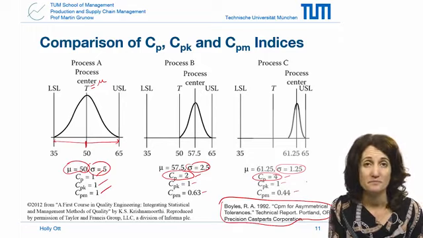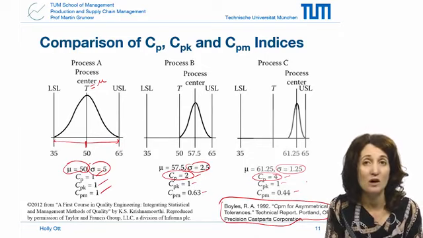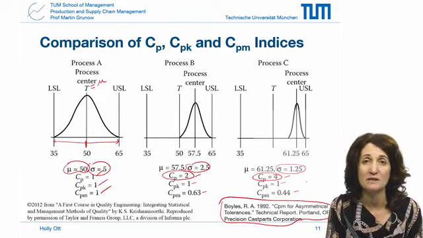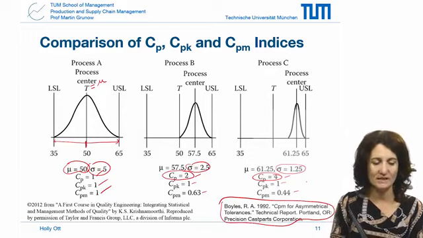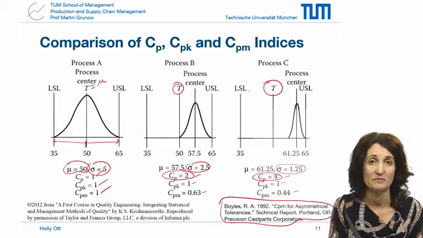Now, the value of CPM is smaller than CPK in both processes B and C, which reflects the fact that CPM reacts more sharply than the CPK when the process moves away from the target.